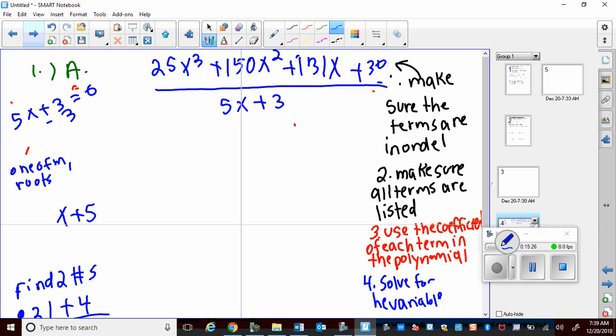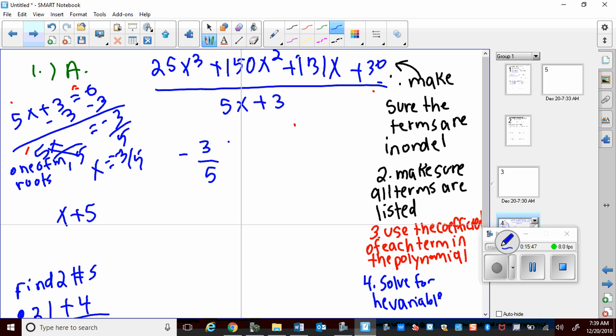Subtract 3 on both sides. 5x comes down, equals negative 3. Divide both sides by 5. And x equals negative 3/5. So actually, I did that a little bit wrong before, but I'll show you what I mean. So first factor is negative 3 over 5.